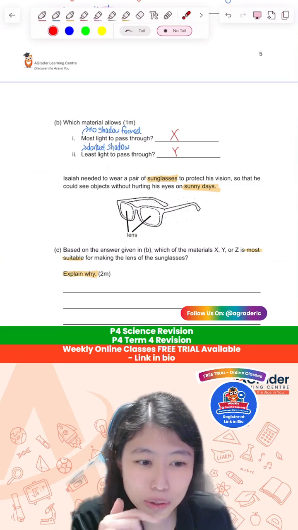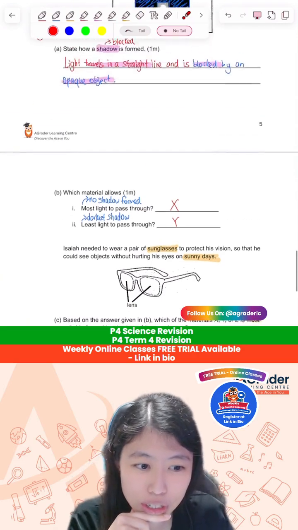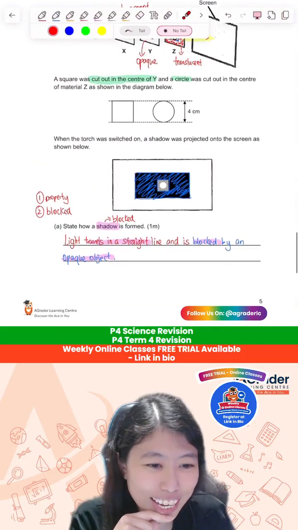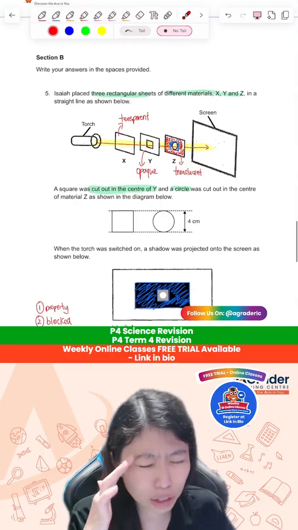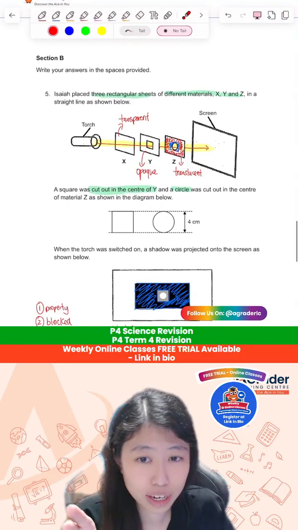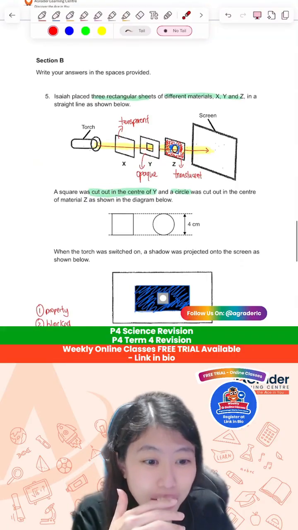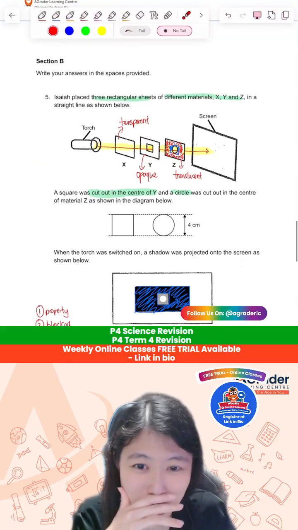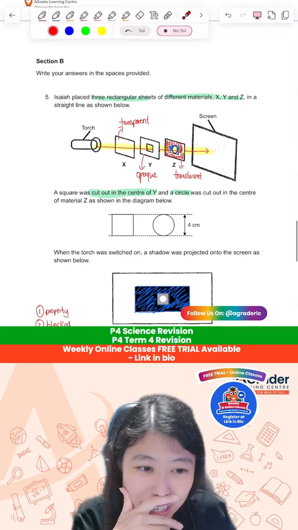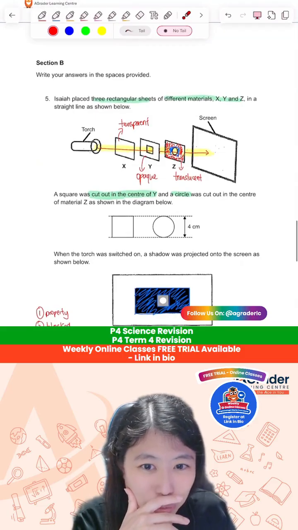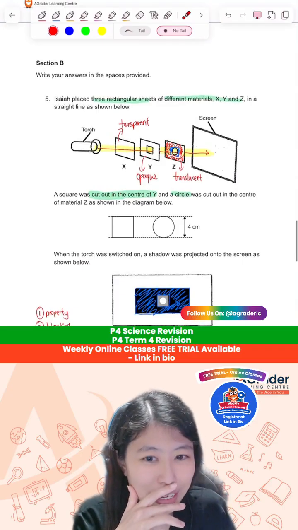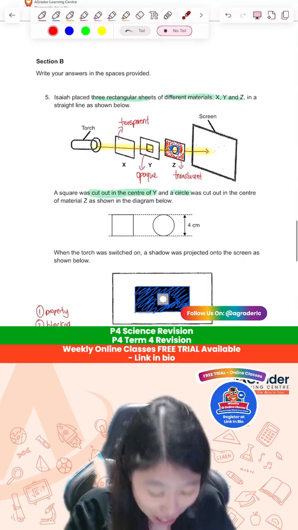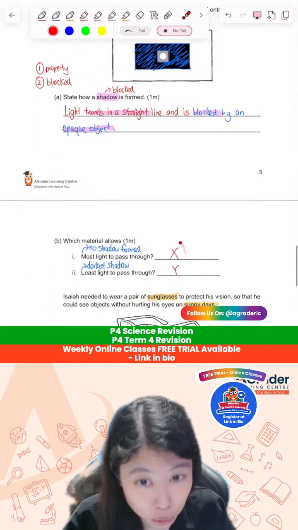Did anyone know? Which one would you choose? You think logically, if you want sunglasses. I saw some of you say X and Y. You think carefully. Which one will you take? Hey, it doesn't mean that you only get to choose these two.